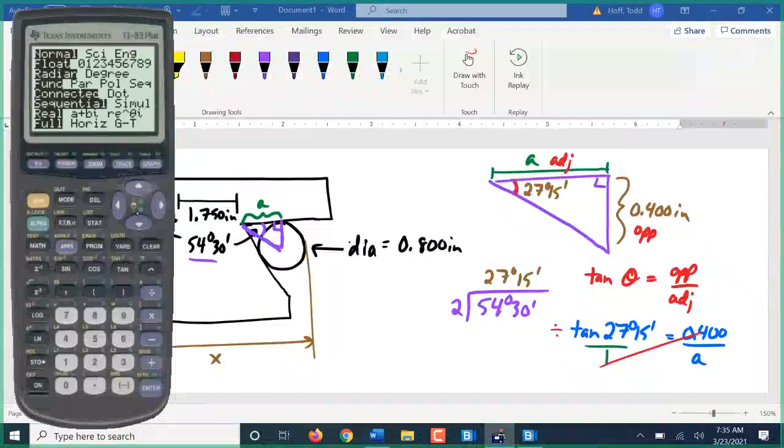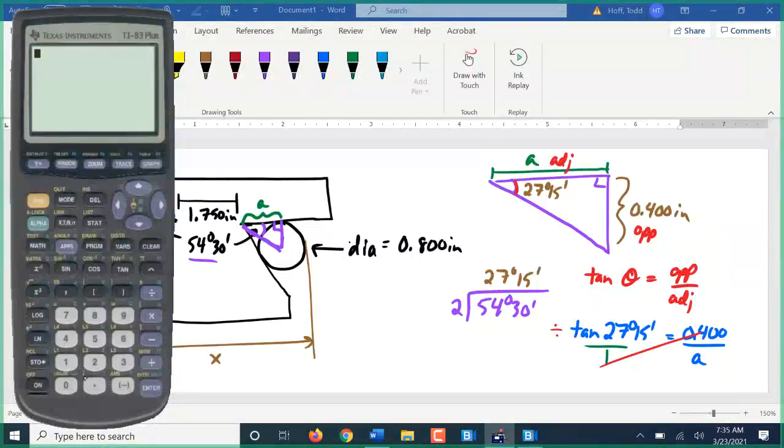Let's make sure my modes are set correct. Oh, in degree mode. So 0.4 divided by the tangent of 27 degrees, 15 minutes gives us 0.7766.